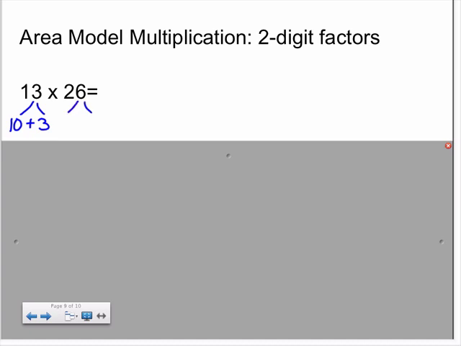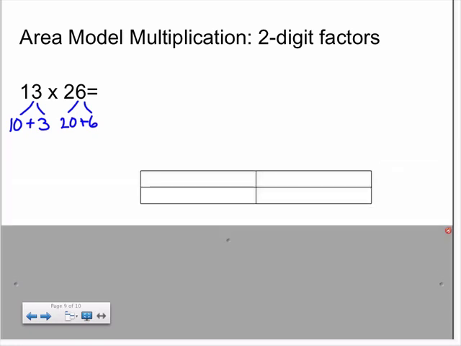And then we break apart the number 26 into expanded form by writing 20 plus 6. We had two tens, which equals 20, plus 6 ones, which is 6. Notice that now that we have two numbers that are double digits, our array is going to look different.